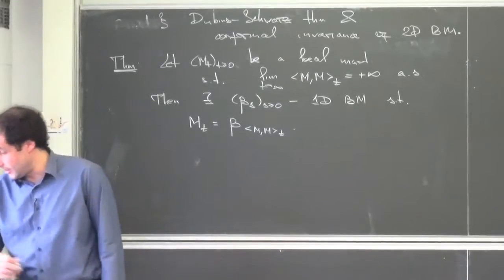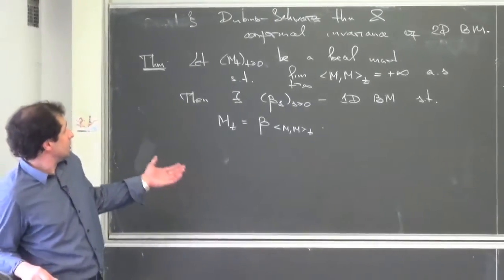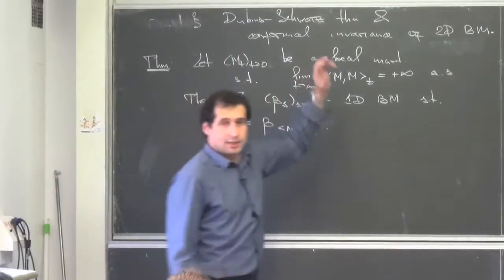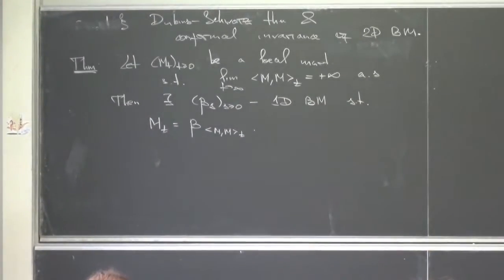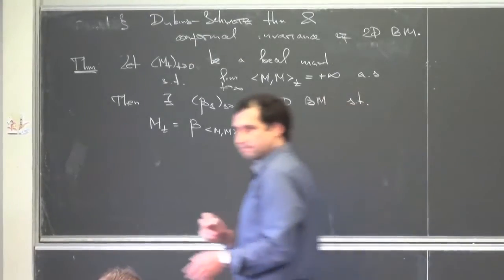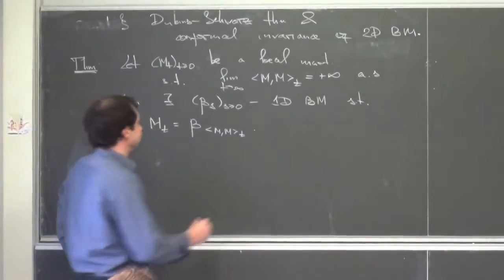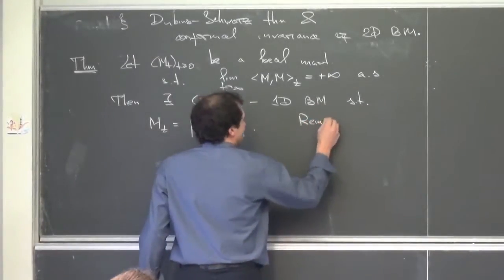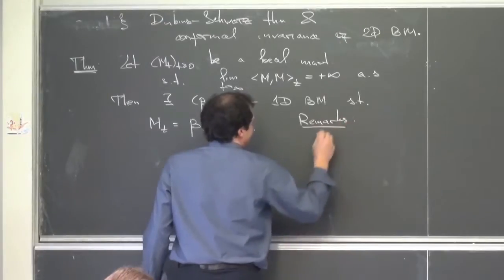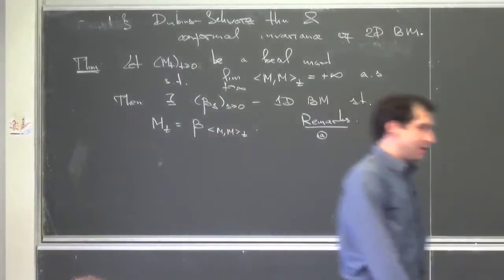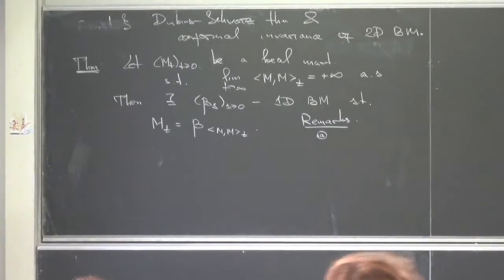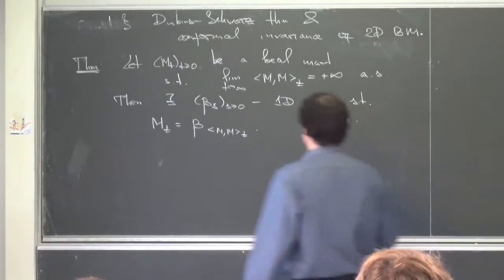So what is the meaning? The meaning is that local martingales are just randomly reparameterized Brownian motions. Okay? So there are two remarks. The first remark is a stupid one, just a sort of a warning.